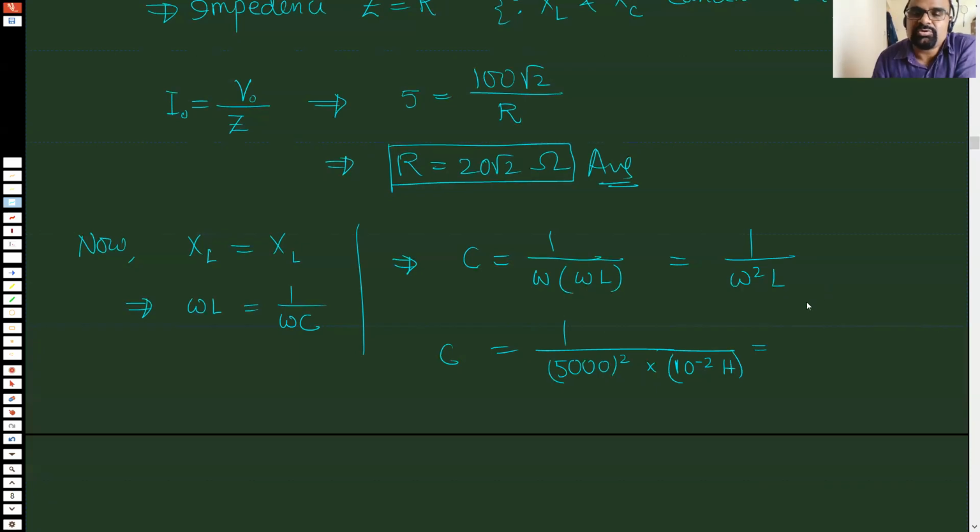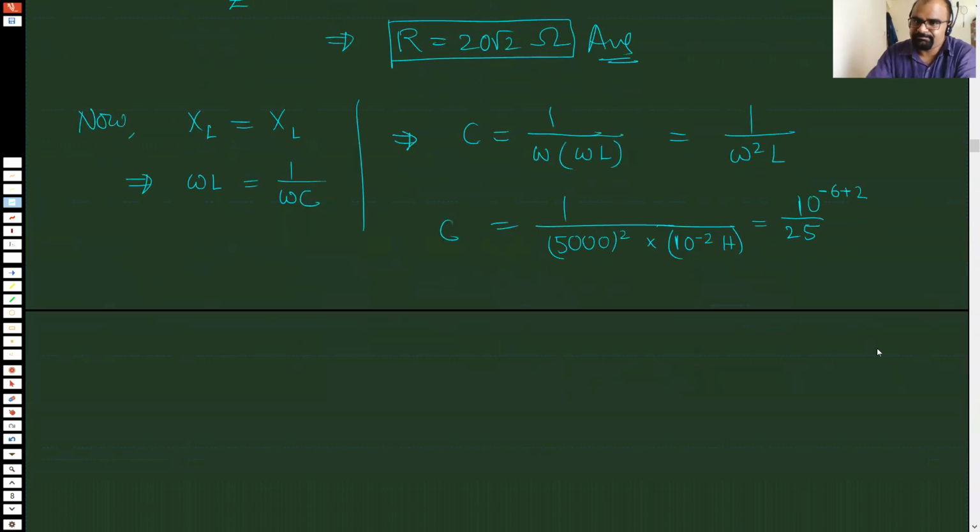Okay, so I will write this as 1 by 25, and over here I will write 10 to the power minus 6 and minus 2, because here you have 3 zeros. So 10 to the power 3 square, so 10 to the power 6, and bring it in the numerator, so 10 to the power minus 6, and this will become plus 2, sorry, not minus 2. When this goes to the top, it becomes plus 2. So you have this much, and this will be in farad now, because this is capacitance.